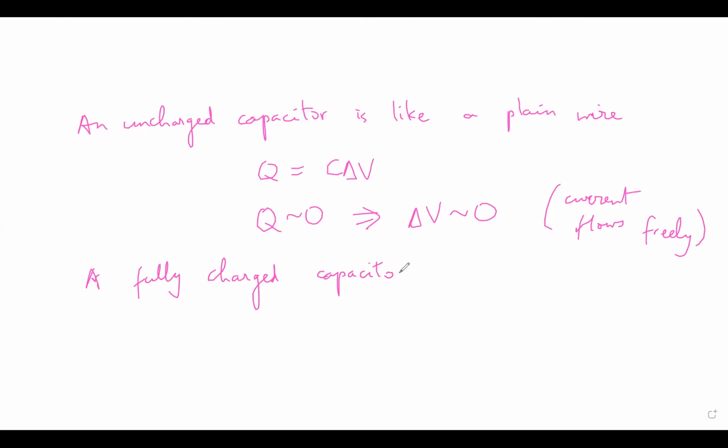A fully charged capacitor, its behavior can be taken in two ways. You can think of it as a broken wire, no current. More accurately, perhaps, you can think of it as a battery with variable voltage.